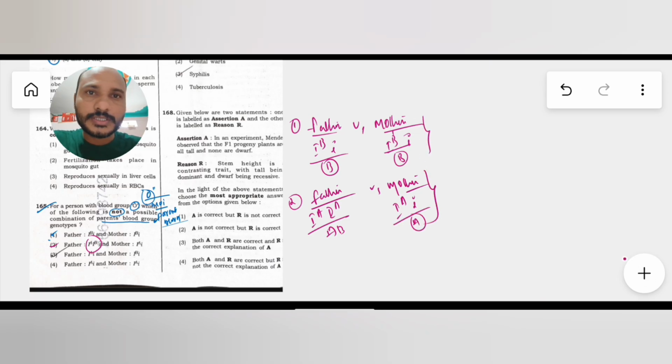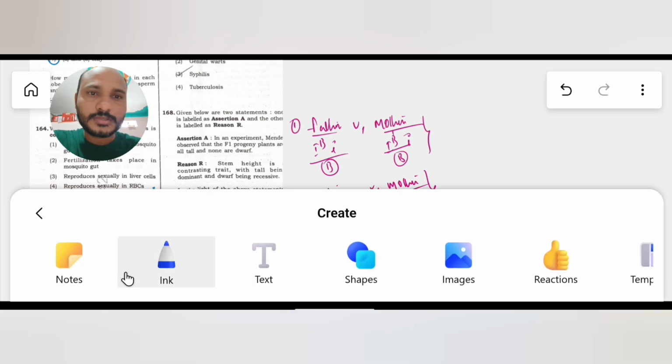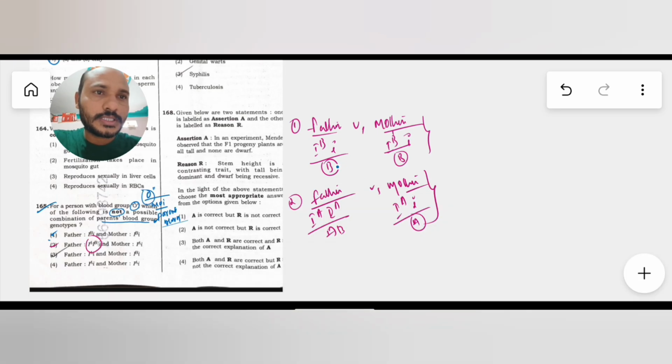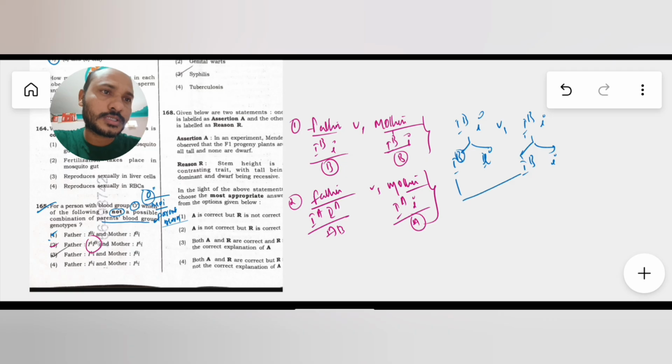A person with blood group O must be present. So if we make this cross, IBi versus IBi, both are heterozygous, hence we have two gametes, IB and i, and here also IB and i. We do cross multiplication: IBIB, IBi, IBi and ii.